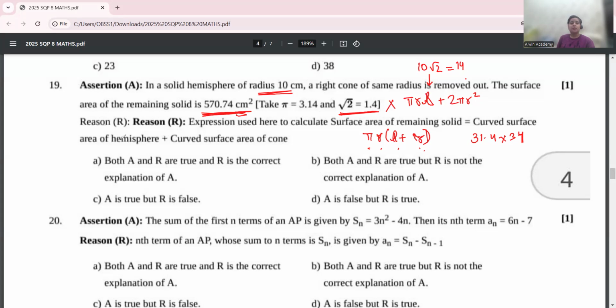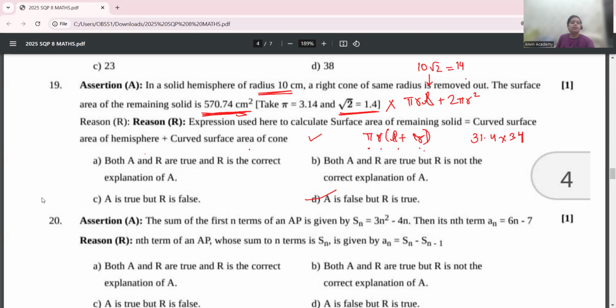Assertion is false. Now we check out the reason. The expression used here to calculate surface area of the remaining solid is CSA of hemisphere plus CSA of cone. Yes, that's what we did exactly. So the reason is correct. Assertion is false, reason is true. Option number D.